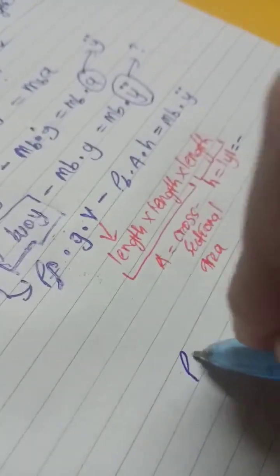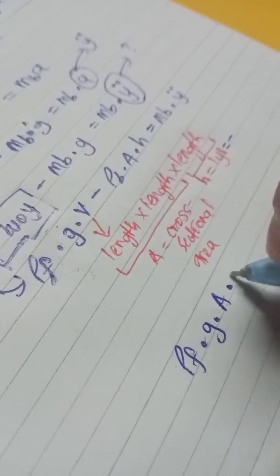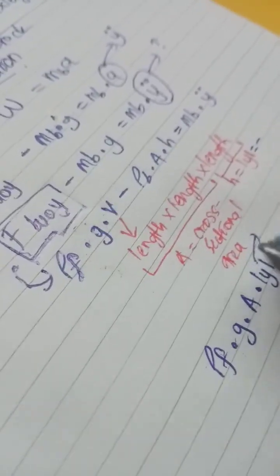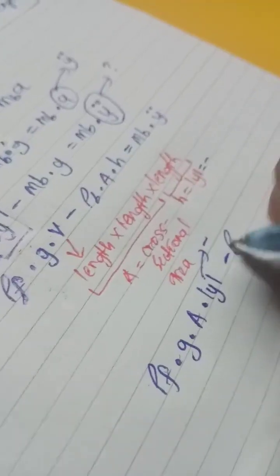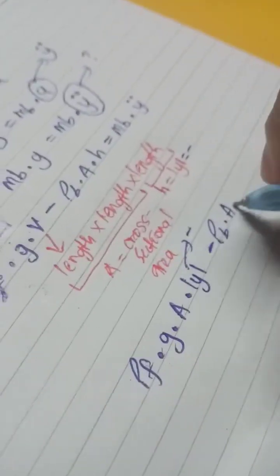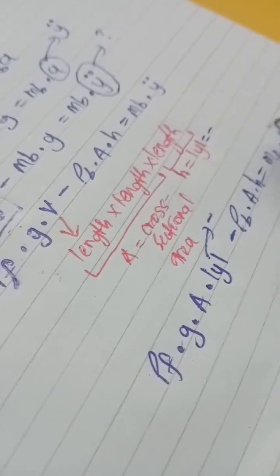So here I'll write rho_F times g times A times modulus y. Modulus y is actually negative, and then minus rho_B times A times H equals m_b times y double dot.